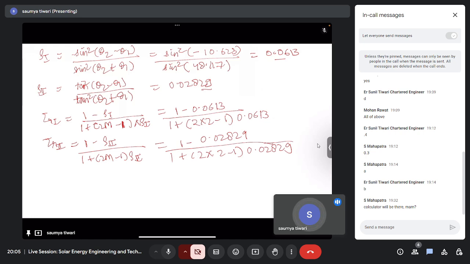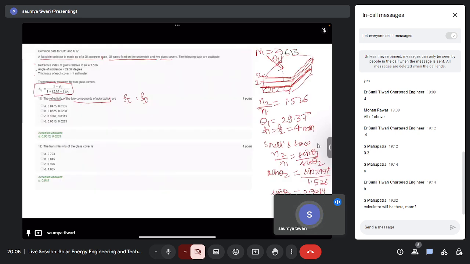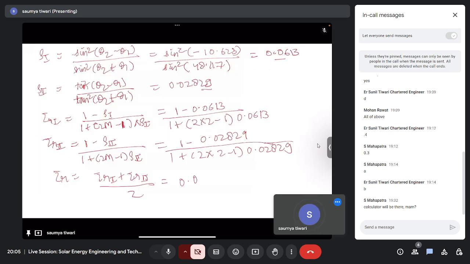We need to solve both values, and your tau r will be the average of these two values, so tau r1 plus tau r2 divided by 2. This will come to be 0.844, so 0.085.